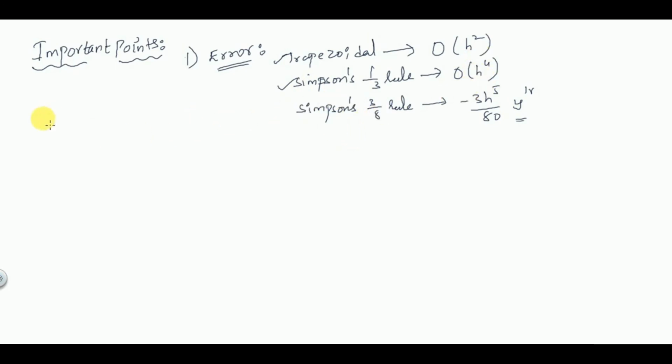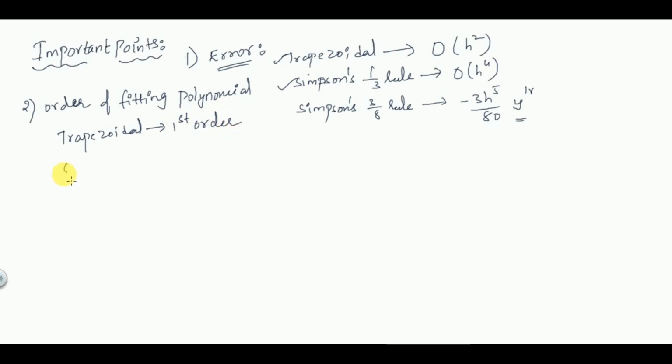Okay, so the second point is order of fitting polynomial. Order of fitting polynomial, trapezoidal rule is first order.